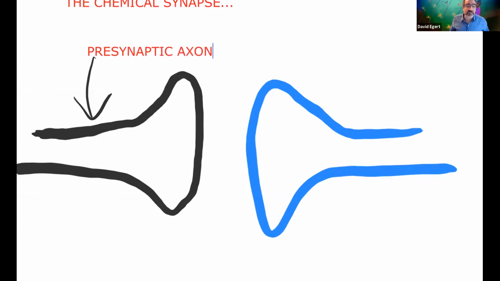This is the axon, that process that's coming from one neuron heading to this place where it's going to talk to the next neuron. And then on this side, I'm going to have my postsynaptic dendrite.